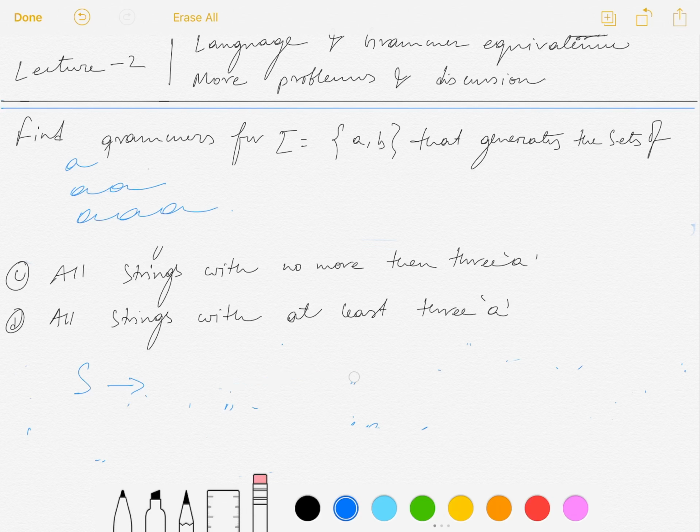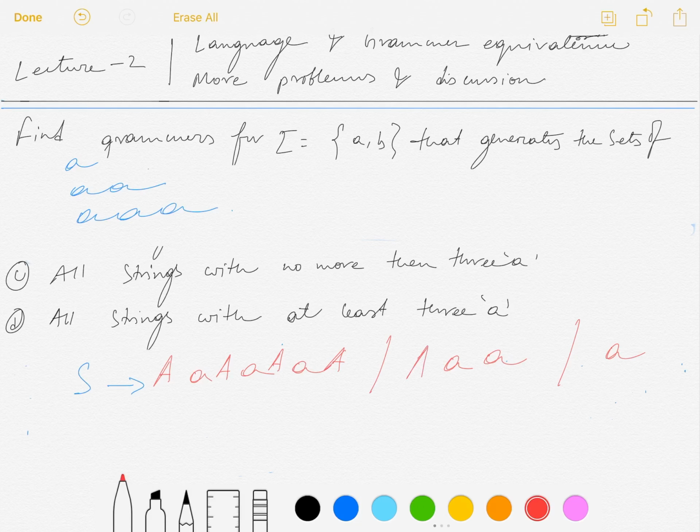So, I should write it by keeping some space in between them. So, let us write it like this: S equal to a A a A a, or S equal to a A a, or S equal to a, and in between this 3a there may be a capital A. Why am I writing this capital A? To replace this A with b if it is required.